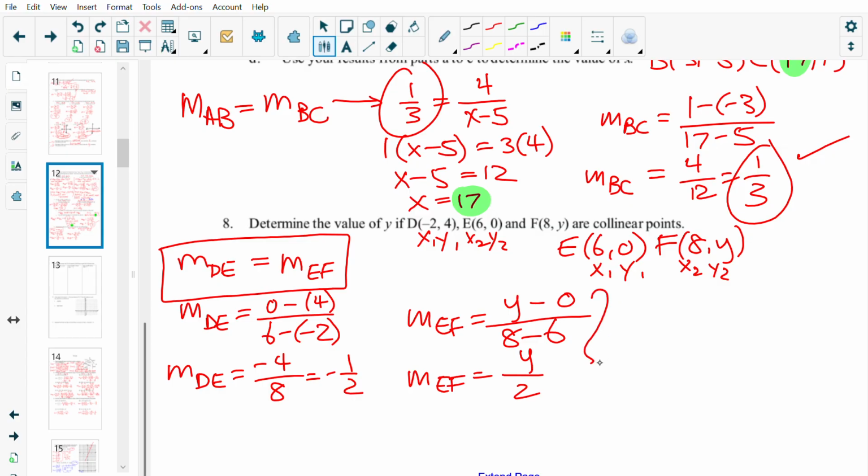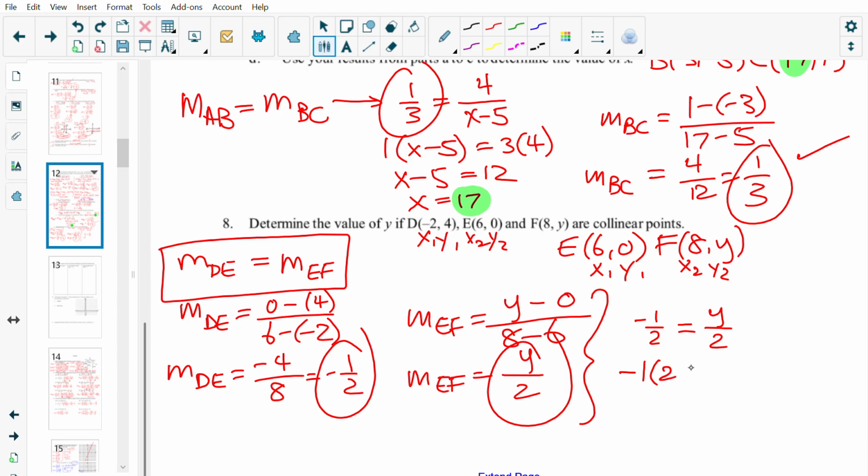We said the two slopes are equal. Therefore, negative 1/2, which is negative 1 over 2, equals y over 2. Cross multiply. That's negative 1 times 2 equals 2 times y. That's negative 2 equals 2y. Divide both sides by 2. I get negative 1 equals y.